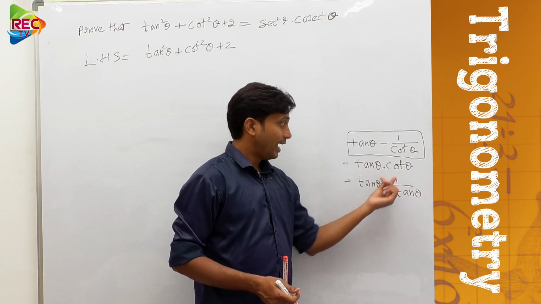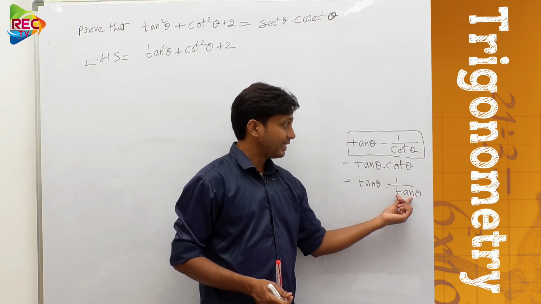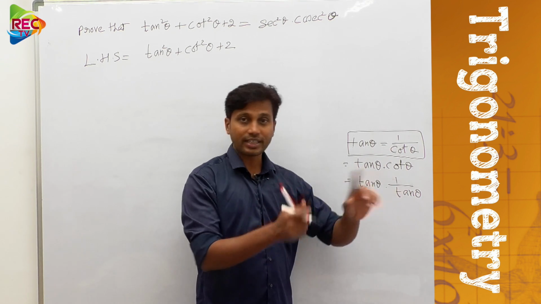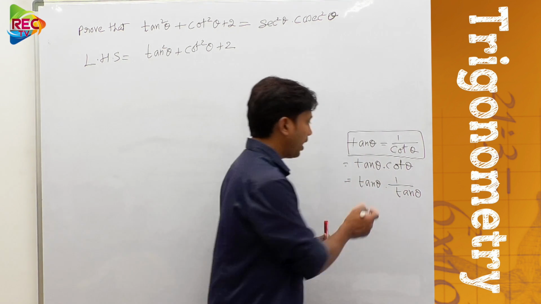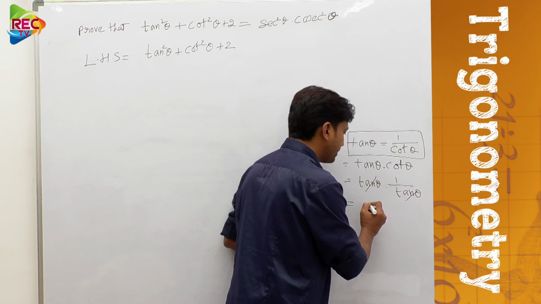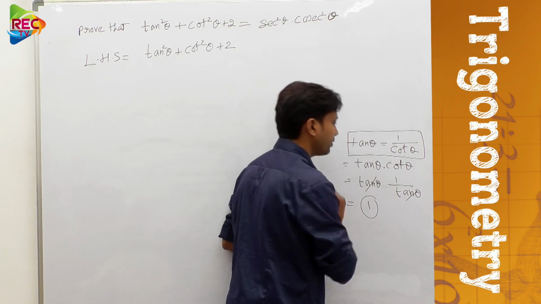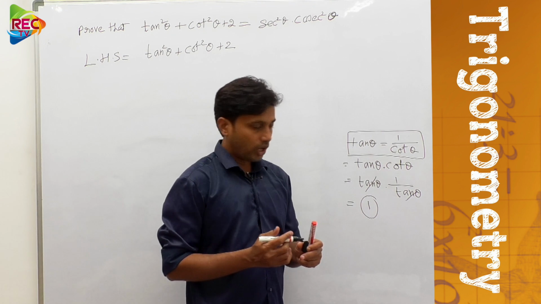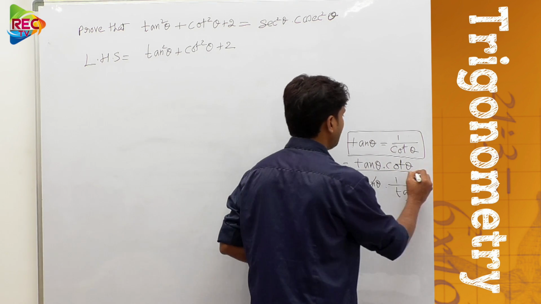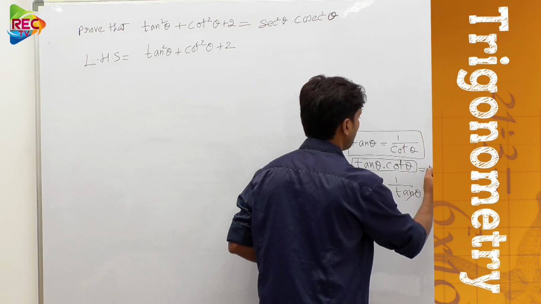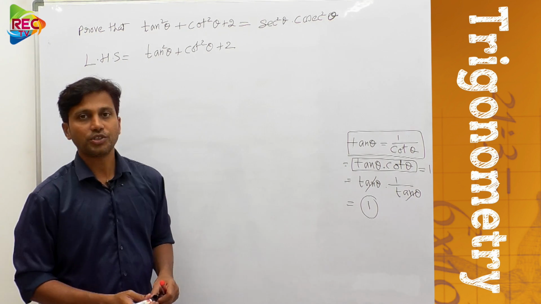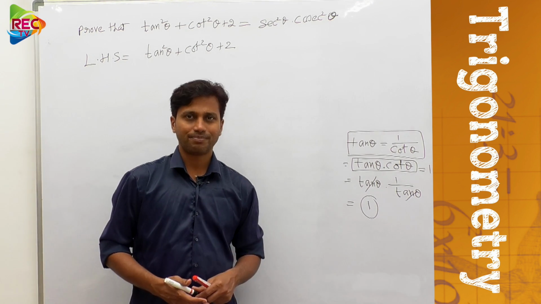Cot theta can be written as 1 by tan theta, because both are reciprocals of each other. Now after cancellation, is it 1 or not? Yes, always tan theta into cot theta will be 1 only.